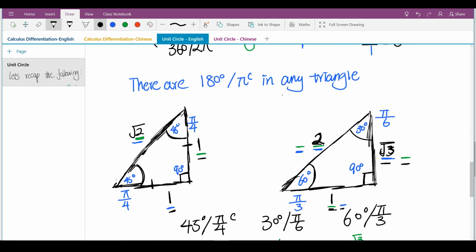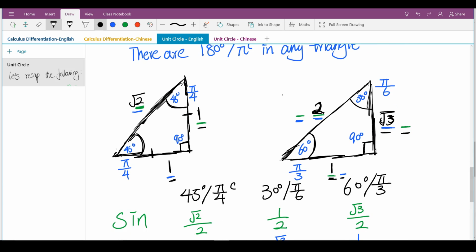Now, another thing is, most high school teachers don't actually say this, but since this video is going beyond the expected, I want to share this with you. So we see this 1, 1, √2 and 1, √3, 2. Now, just like the unit circle, these two triangles have been simplified to their basic form.